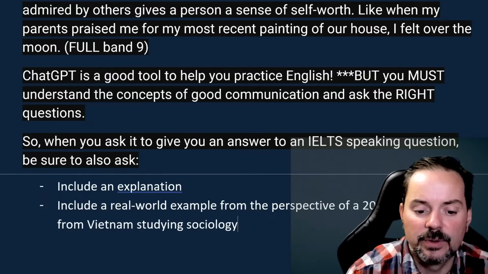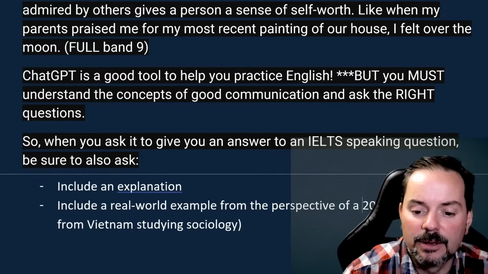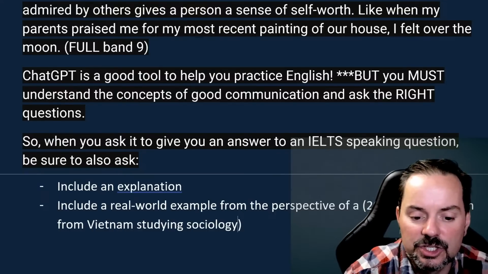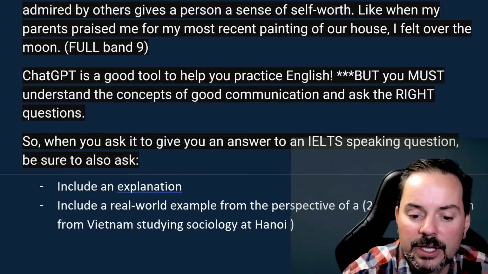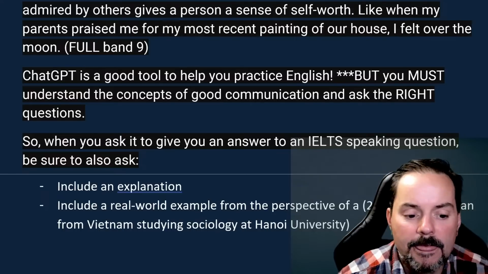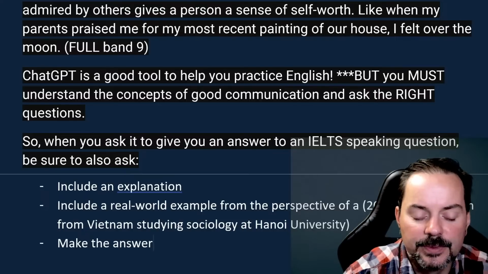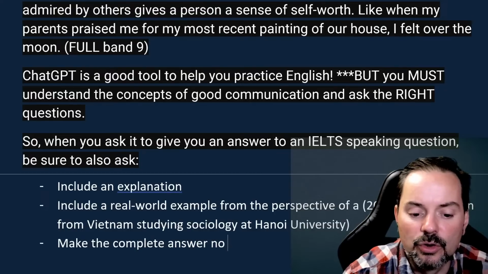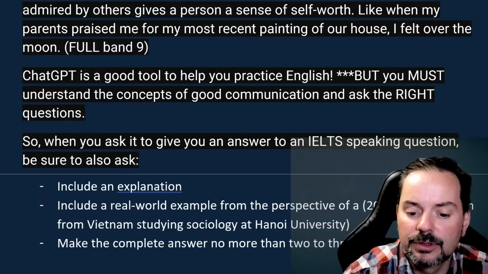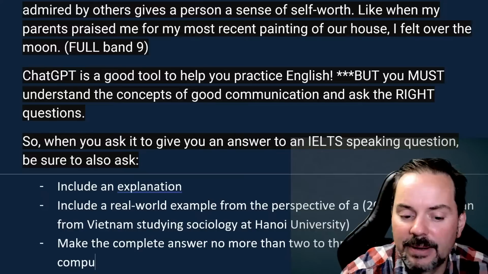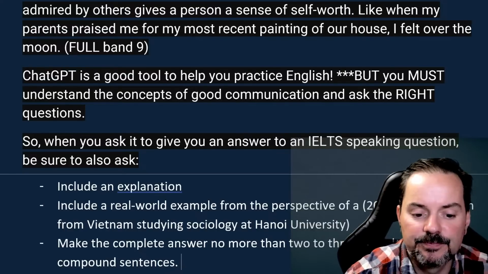That's if you are a 20-year-old woman from Vietnam studying sociology. And if you can be more specific, you can also say sociology at Hanoi University. Okay. Make the complete answer no more than 2 to 3 complex and or compound sentences.